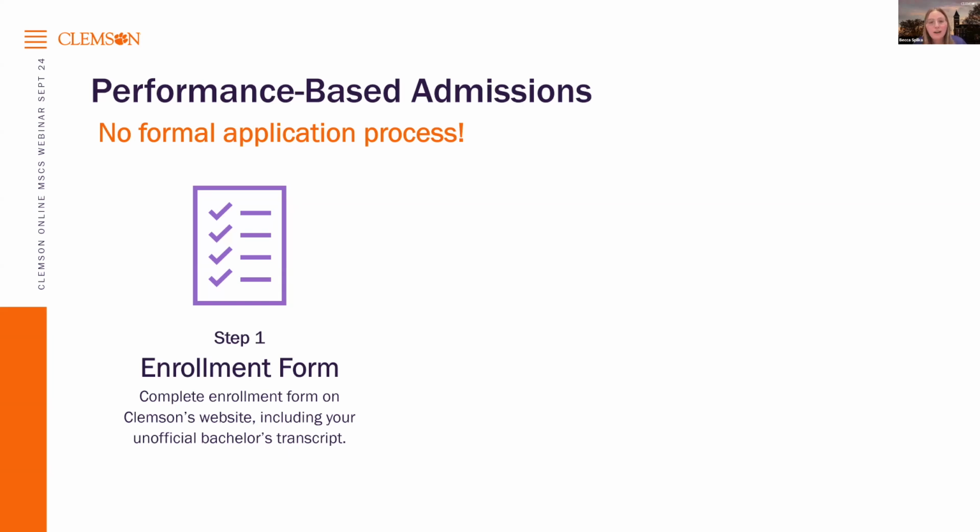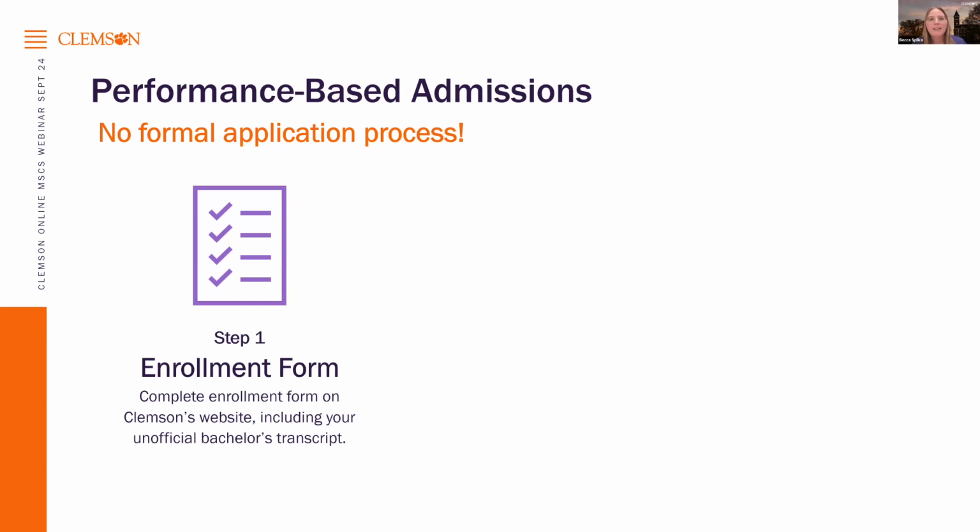You'll include your unofficial undergraduate transcript. I think we did have a question about what that needs to look like. If you want more information, you can find it on our graduate school website. I don't have the link on hand, but it has information about supporting materials, and it gives a really good overview of what qualifies as an accredited undergraduate transcript, but it's typically a 4-year degree or the equivalent.